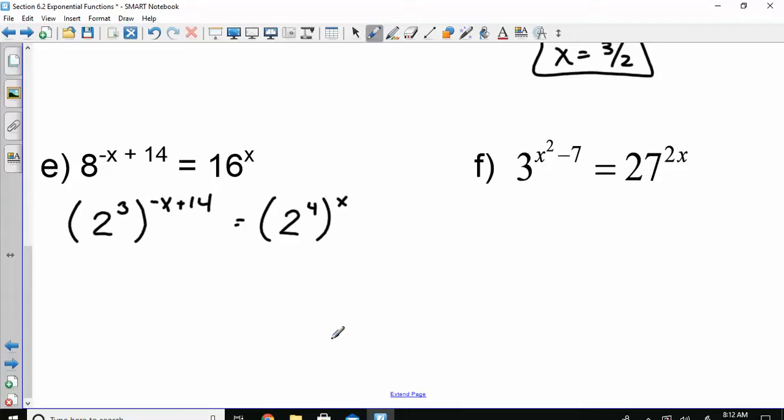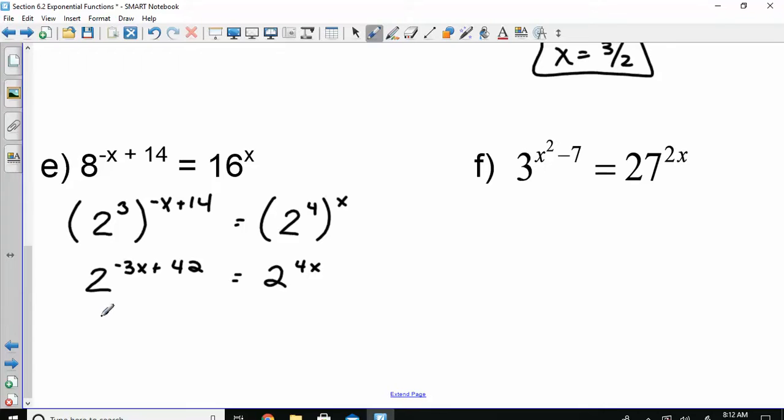Now we have to remember our properties of exponents. When you have a power to a power, what do you do with those exponents? Multiply. So this gives me 2 to the, I have to distribute that 3, so negative 3x plus 42 equals 2 to the 4x. Now what?